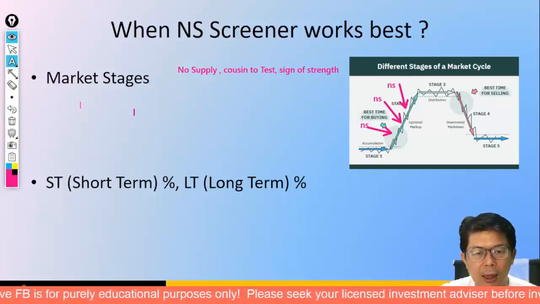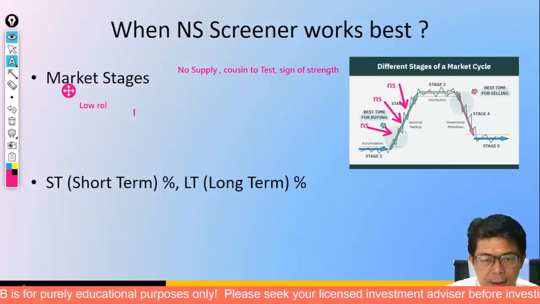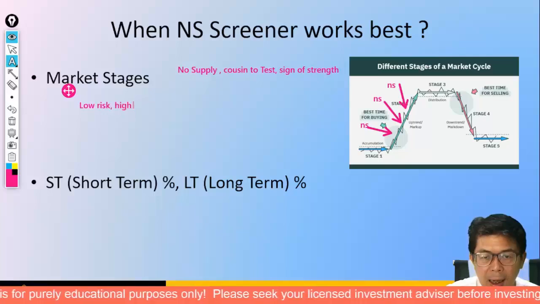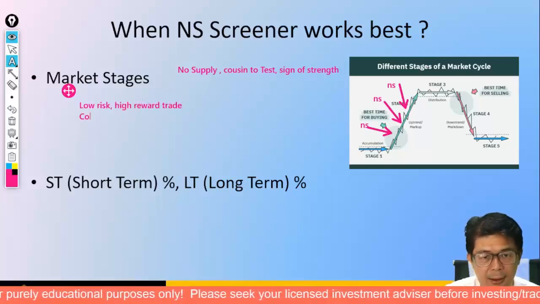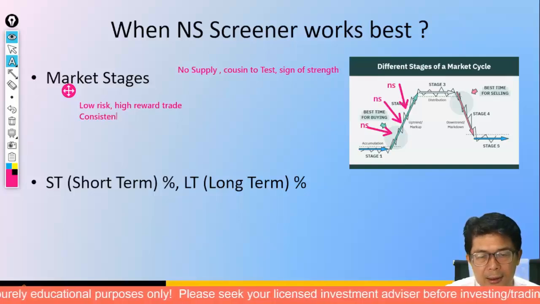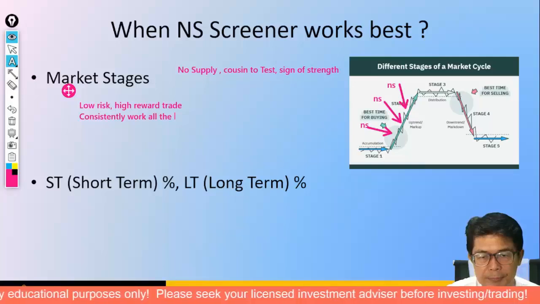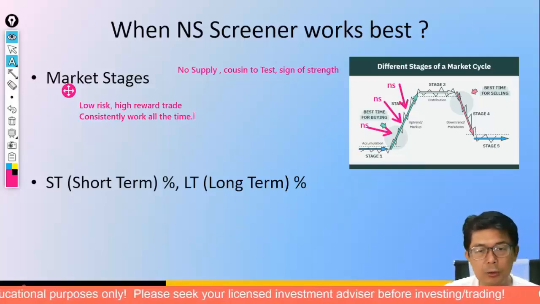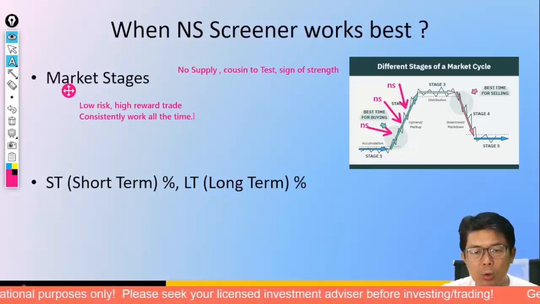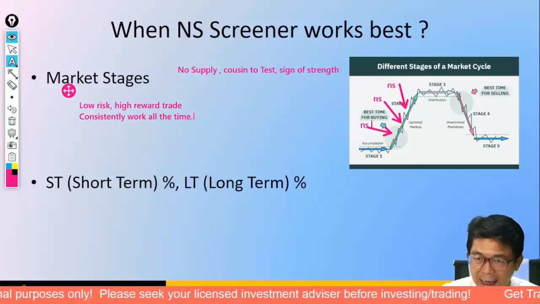So it is what we call a low risk, high reward trade. And it's very consistent, it works consistently all the time. Of course, don't take my word for that. You just need to try it out, with this low risk, high reward, right? Then you're able to track the NS.